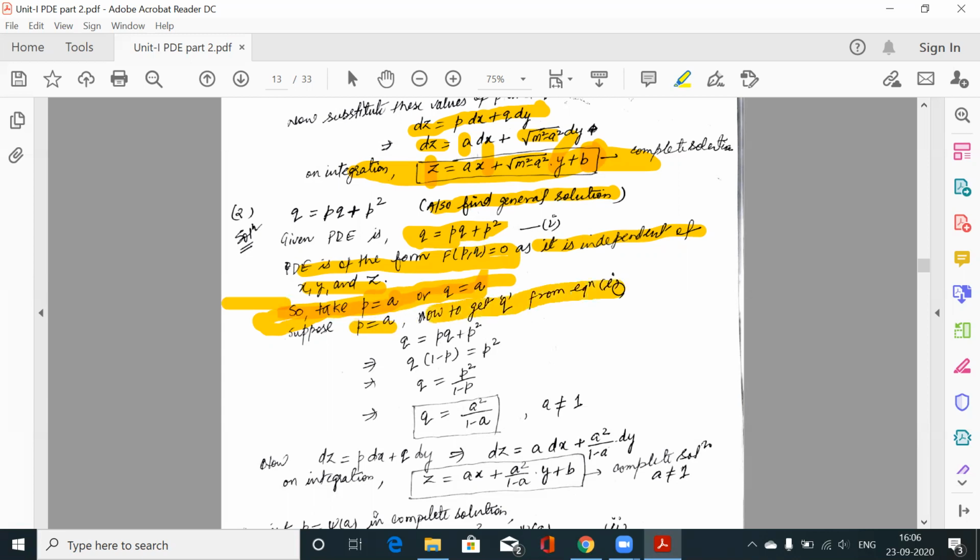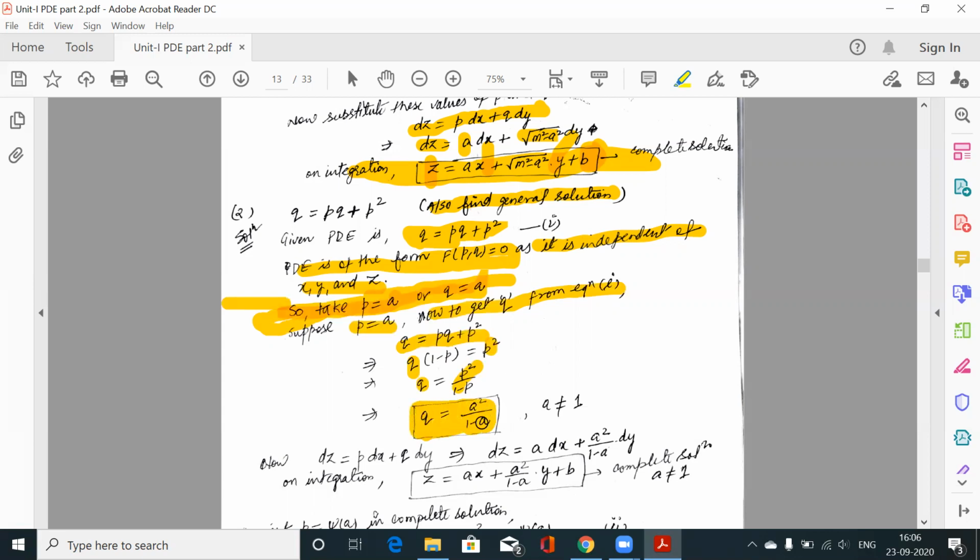So now to get q from equation 1, q is equal to pq plus p square. Solve it for q. So taking q common, this is q(1 minus p) is equal to p square. Now q is equal to p square by 1 minus p. Now what is p? P is a, so q is a square upon 1 minus a.